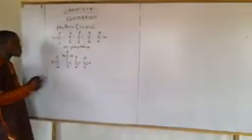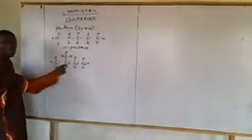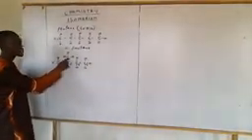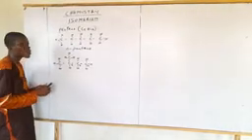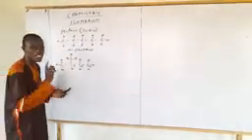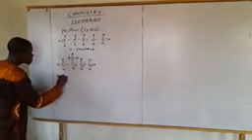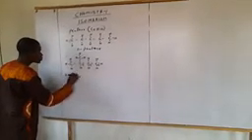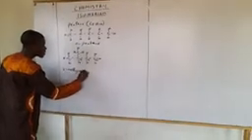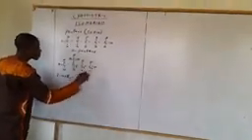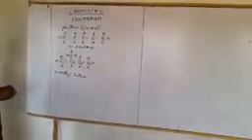On what carbon do you have the attachment? The second carbon. And what is the attachment? We have only one carbon, and that will give us methyl. So we have 2-methylbutane. That is the name.